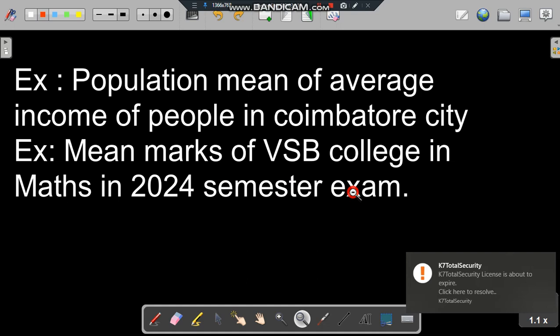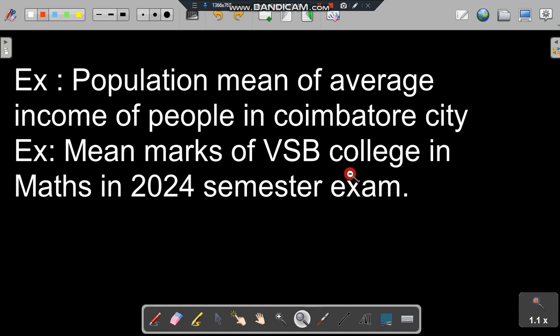For each and every student in VSB College, I am asking the marks in mathematics, then dividing by the total population, and I am finding out the mean marks.